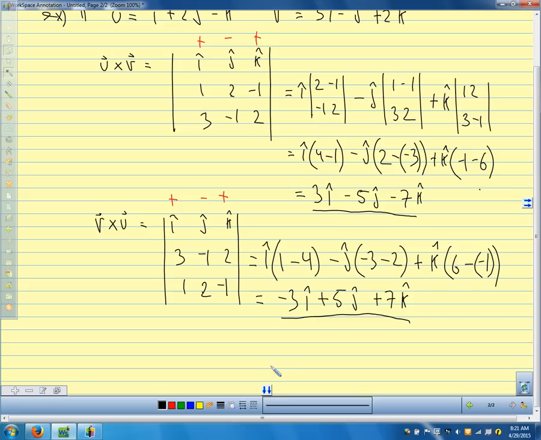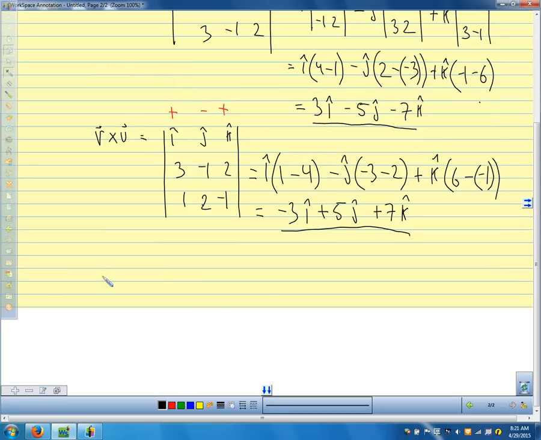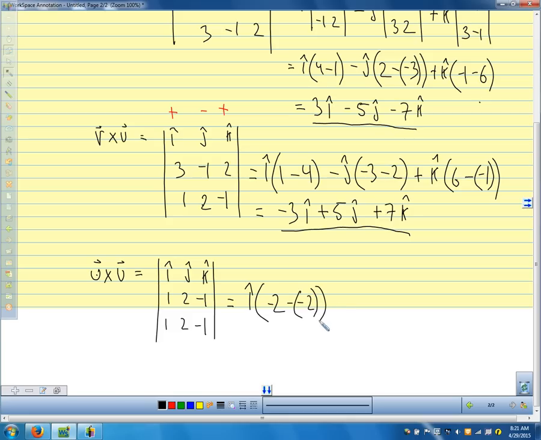All right, for the last one, let's do u cross u. So we're going to have i hat, j hat, k hat, and u is 1, 2, -1. So we get i hat times, cross out that column, that row, -2 minus -2.